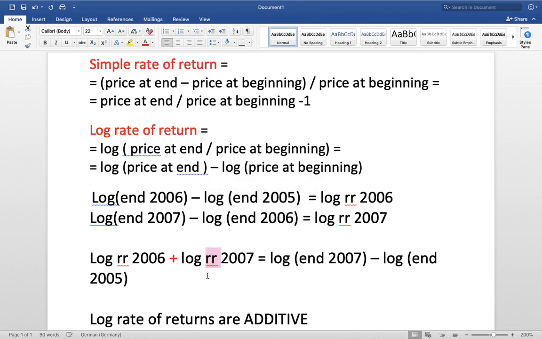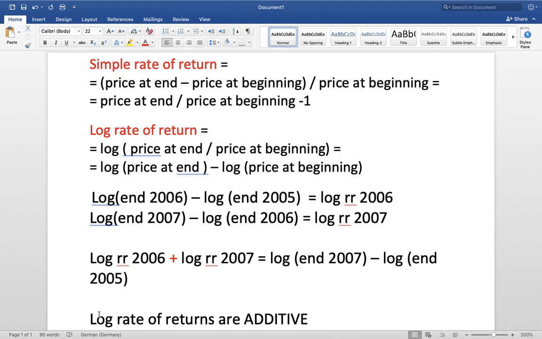It's much more complex, and especially it requires multiplications, and it has some computational problems, because rates of return very often are small numbers. When you multiply small numbers, you may run into rounding problems, and the result may be very far away from what it should be.